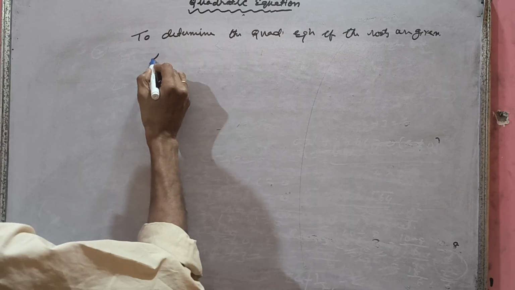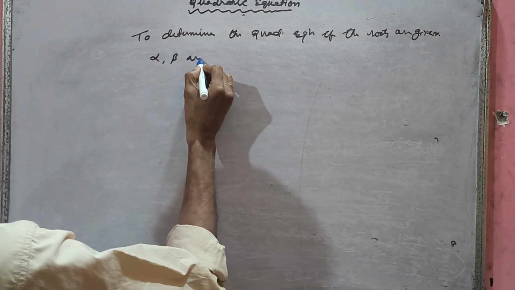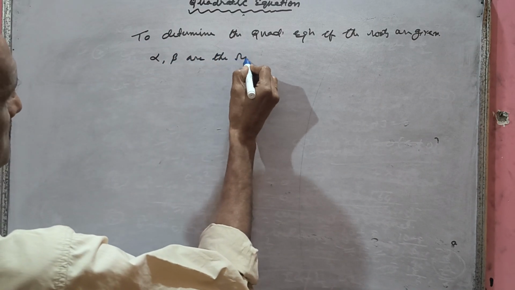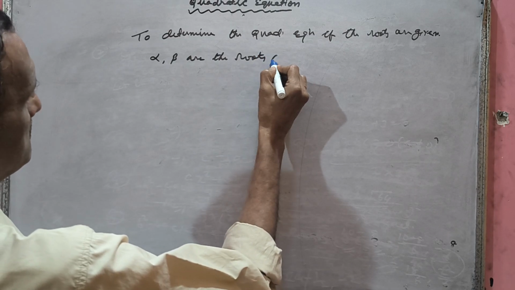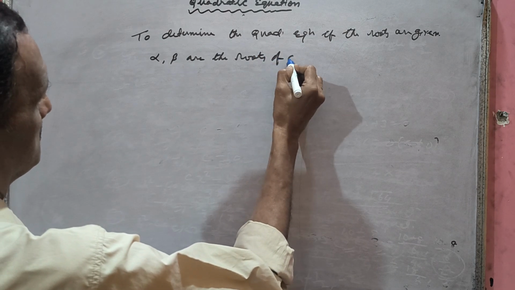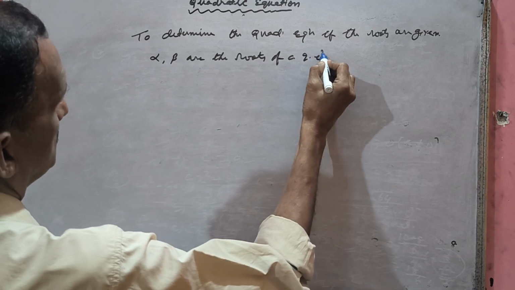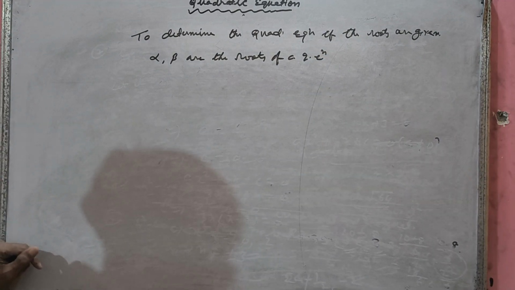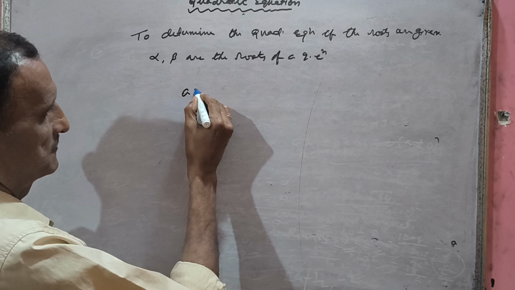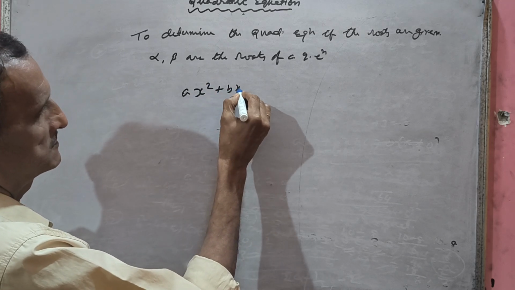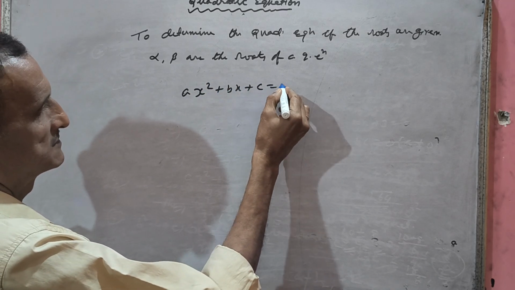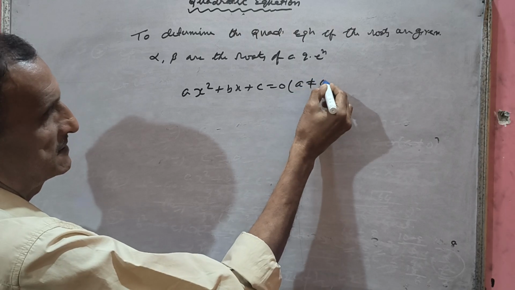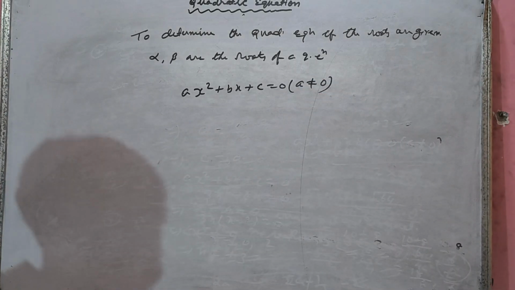Okay, if alpha and beta are the roots of a quadratic equation, how can you form the quadratic equation? See the general form. General form of quadratic equation: ax square plus bx plus c equal to 0, where a is not equal to 0.